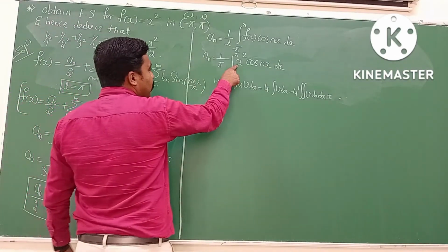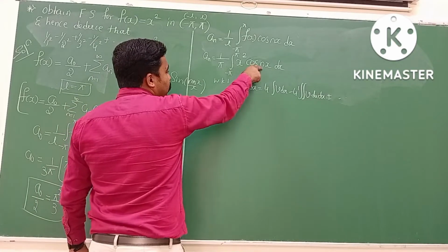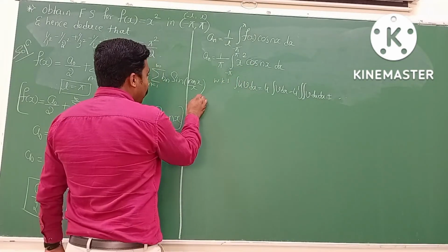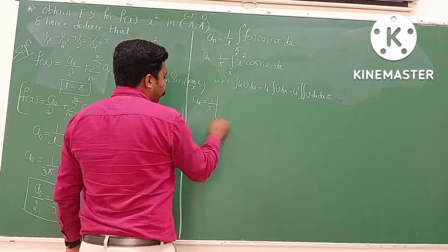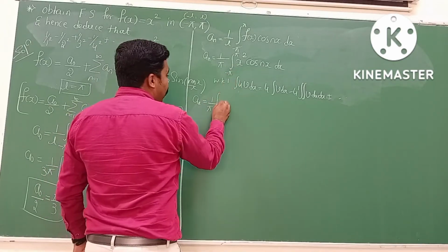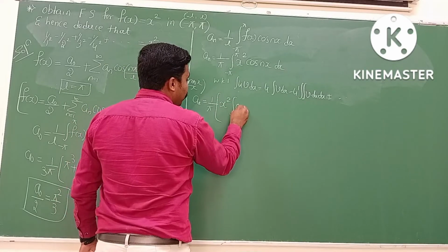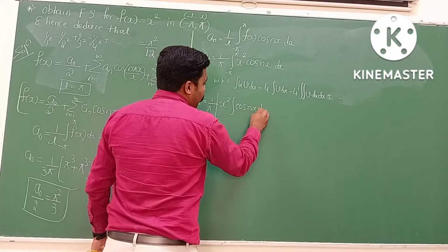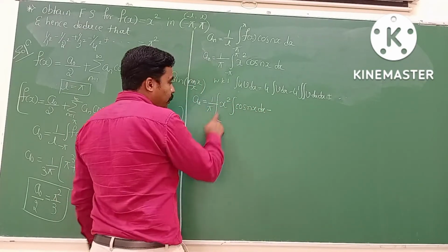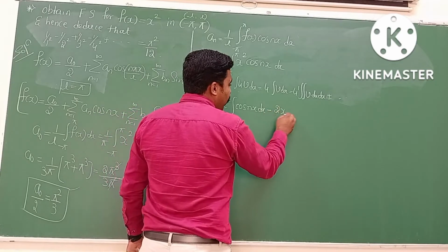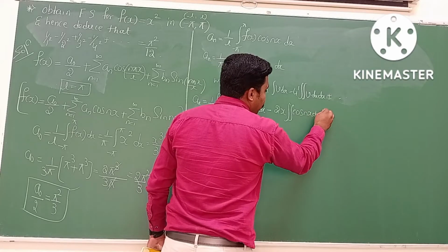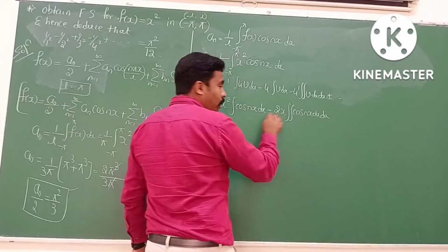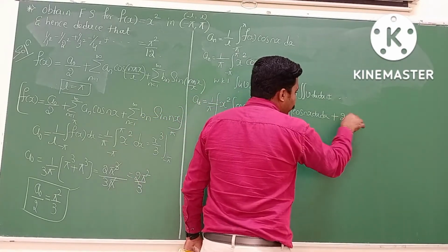So here x square is u, and cos nx is v. So what happens if I operate the parts method? 1 by pi, x square as it is times the integration of cos nx dx, minus x square's differentiation, which is 2x, times the double integration of cos nx dx, minus 2x, that is plus 2.